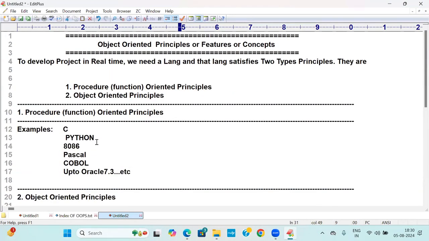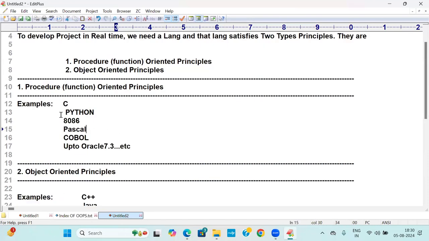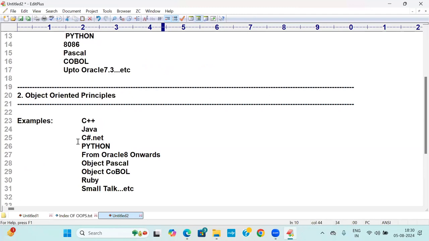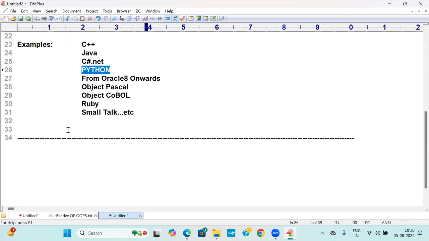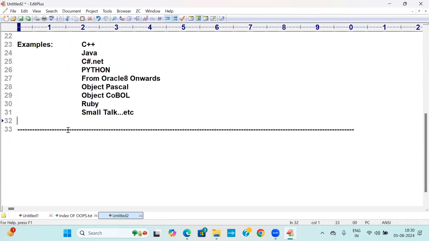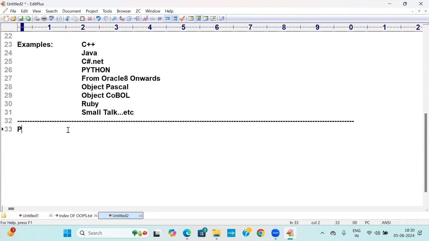So my question is, Python belongs to both the functional and object oriented. So the point to remember here is that the Python language belongs to both functional and object oriented principles.